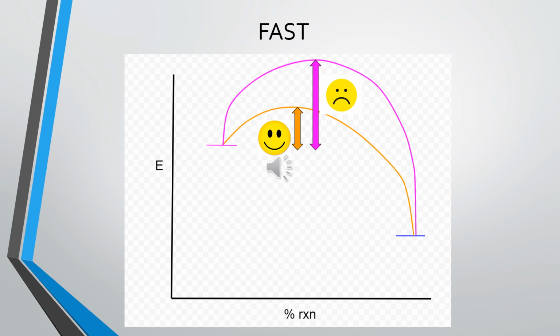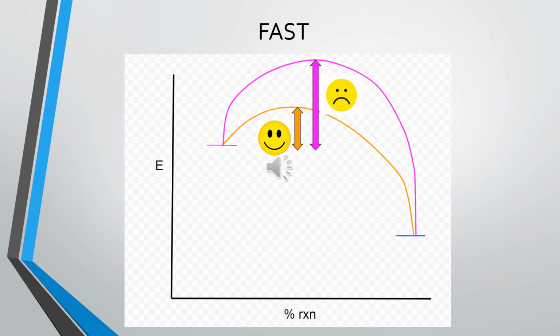So in this case, we have two reactions, orange and pink. They both have the same energetics, the same delta H or delta G, the difference in energy between the two lines. However, the orange reaction is a reaction that you would want to run in the lab because it's going to happen in a reasonable time frame.